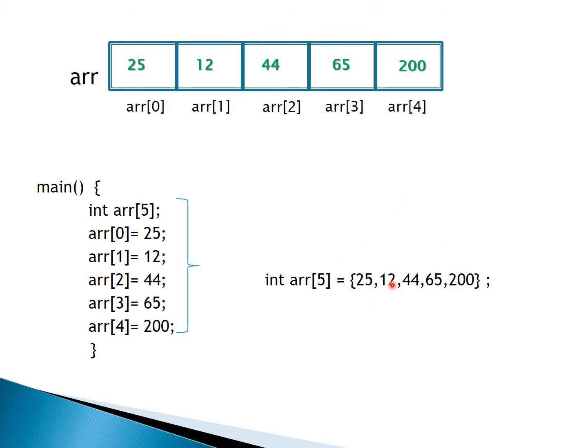So the compiler will facilitate us, and it can store the values according to this program. So this statement is equivalent to these 6 statements. So we can use the simple way. Again, this is the first element, index number, second, third, fourth, and fifth.